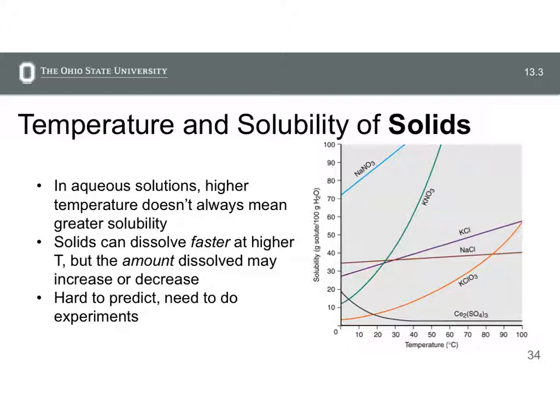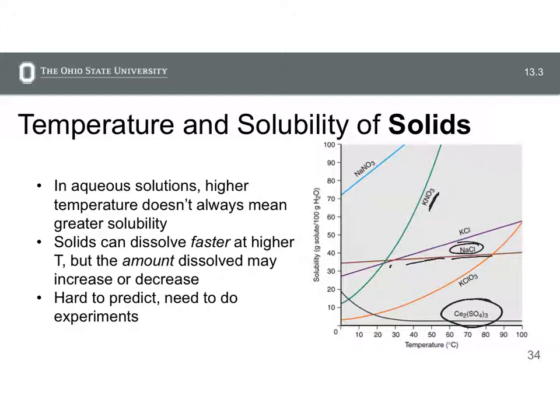If we look, for instance, at cerium sulfate, you'll notice that as the temperature increases, the solubility decreases. And for those salts where the solubility does increase with increasing temperature, the way in which it increases varies very greatly. Potassium nitrate shows a sharp increase in solubility as temperature is increased, but sodium chloride is kind of a flatter line.